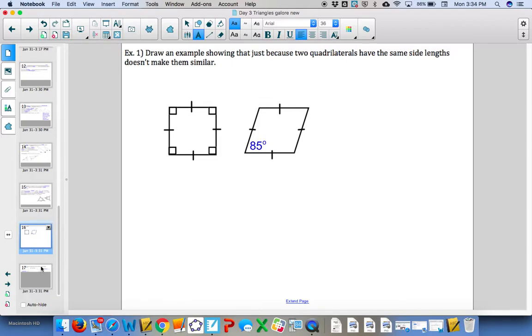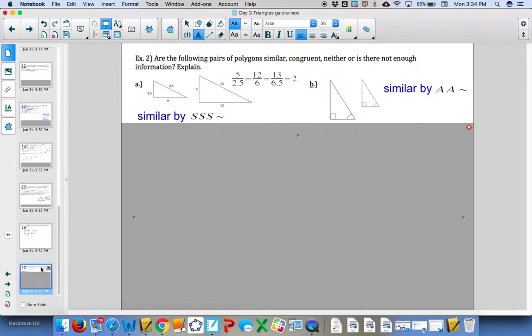Then on example 2, it gives you different pairs of polygons and asks you whether or not they're similar. On A, you've got 2 triangles, and the only information you have is the side lengths. If you check the scale factors for all 3 pairs of corresponding sides, they all equal 2. If you'd like to write it this way instead of writing 3 separate fractions that all equal 2, you're welcome to do that.